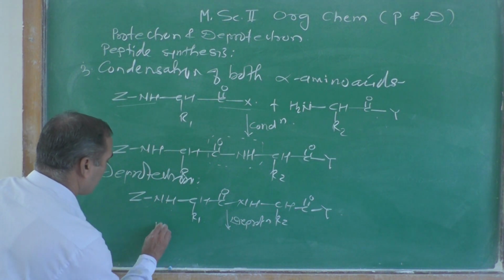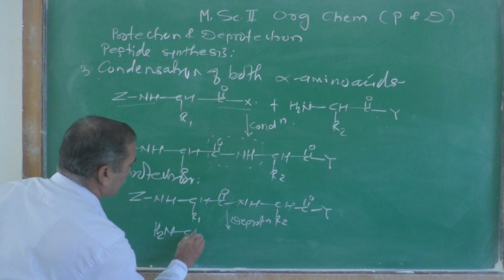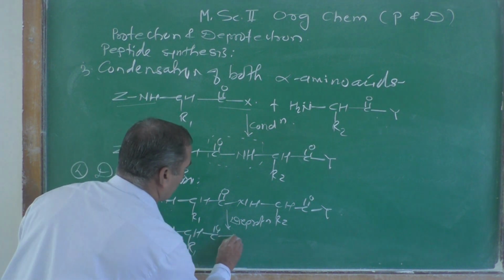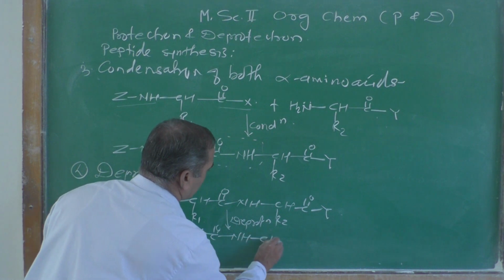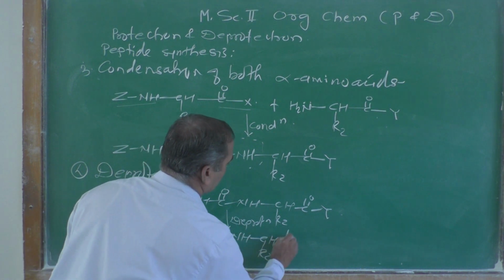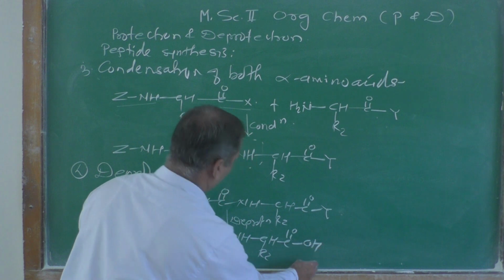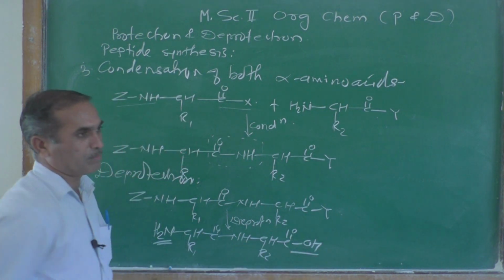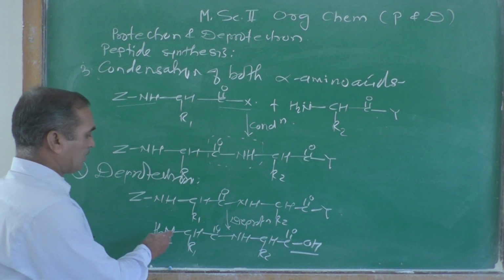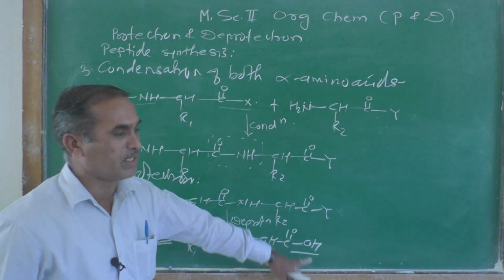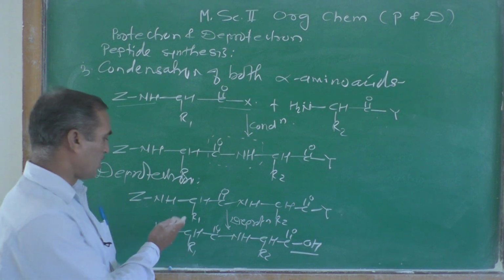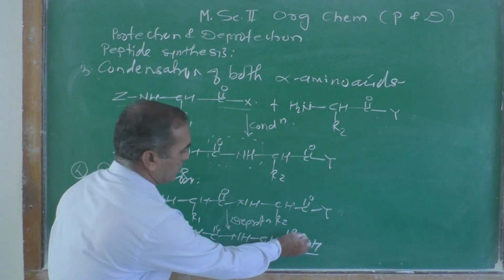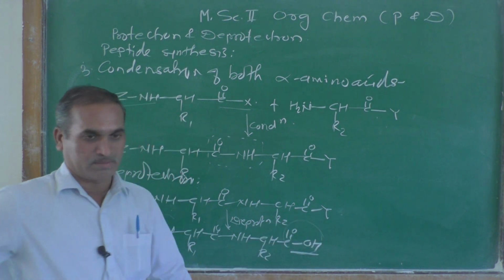The NH2 group becomes free: NH2-CH(R1)-C=O-NH-CH(R2)-C=O-OH. After the deprotection, at the N terminal there is an amino group, and at the C terminal there will be a carboxylic group.